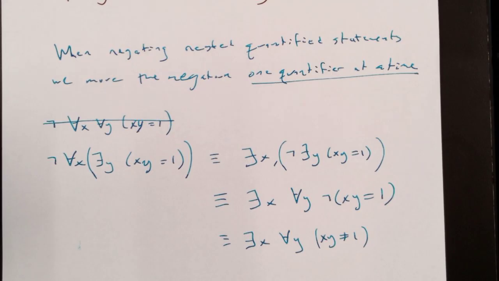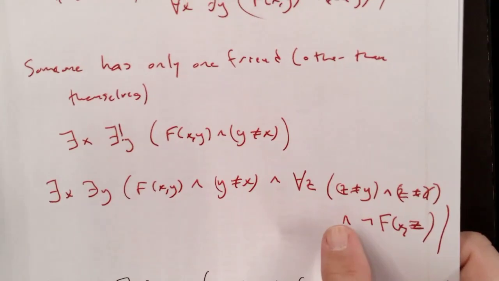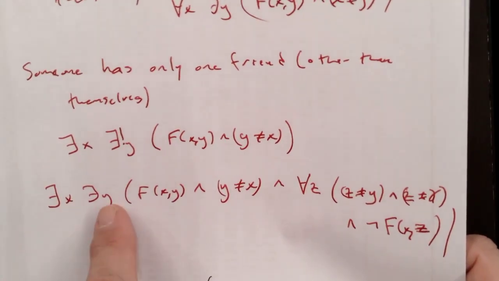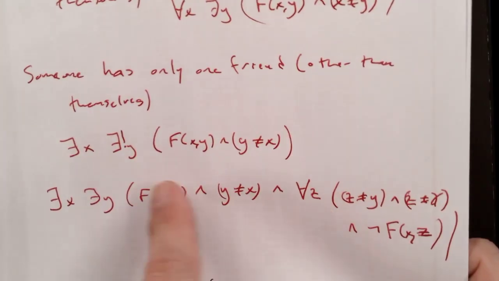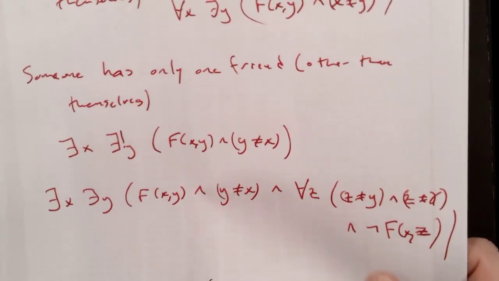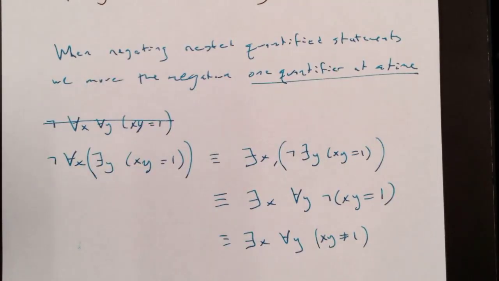If I go back to this sentence, I could flip from here to here and from here to here fairly easily, but moving that negation across this quantifier and across all those and statements is going to take a little work. And that's why I always move the negation a single bump at a time. Questions?